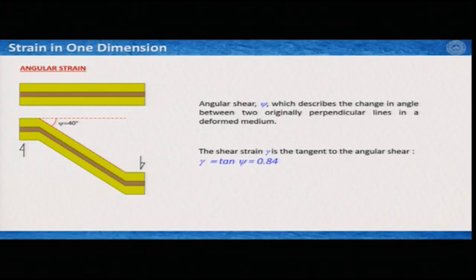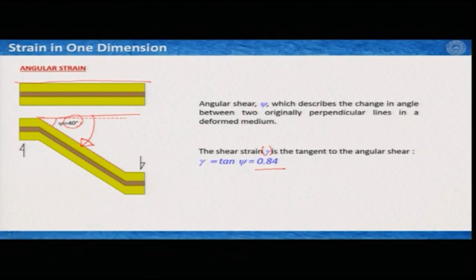So what we see here, this was the line, and then it is deviated this way. So this angle, in this case 40 degrees, gives the angular strain, which is known as shear strain, or we generally say gamma, which is the tangent of this angular shear angle. So in this case, because this is 40 degrees, it is 0.84.